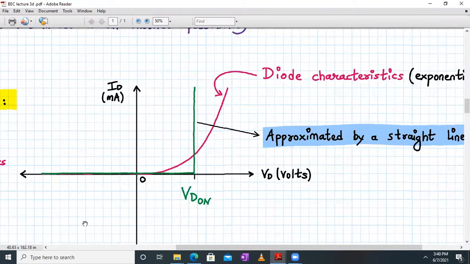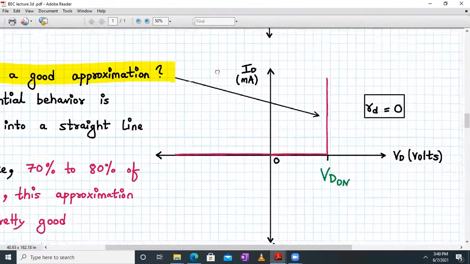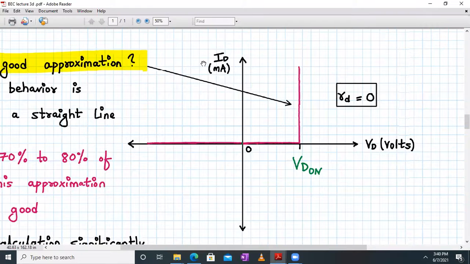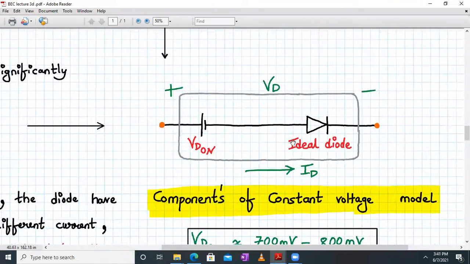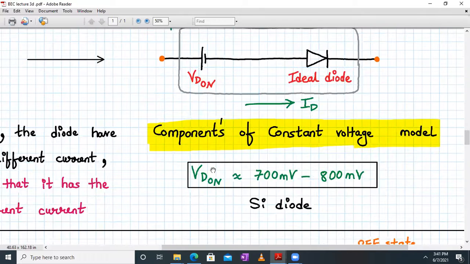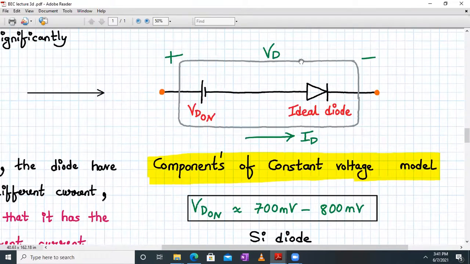I mean, with a slope infinity, basically, correct? So this is the constant voltage model with RD equal to zero in the piecewise linear model. And these are my circuit elements when my diode is conducting. It has two elements, VD on and an ideal diode.